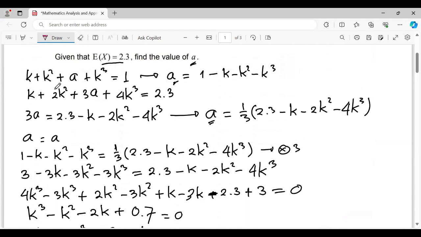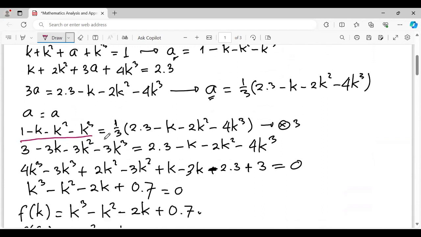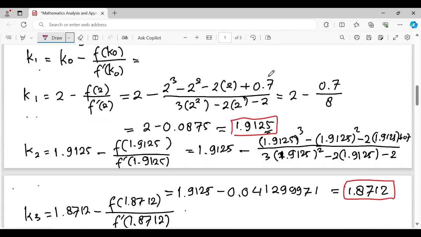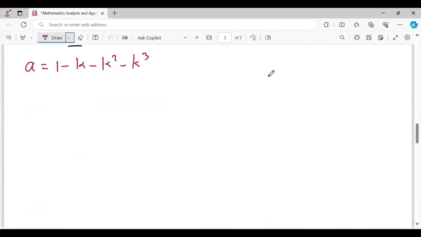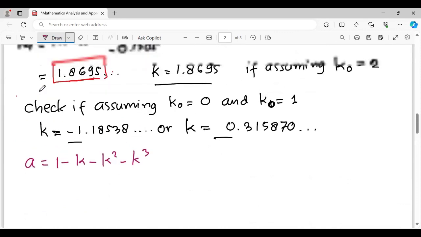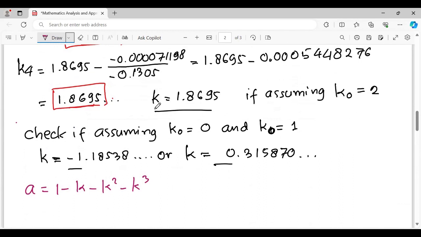From this one, A equals 1 minus K squared minus K cubed. Now substitute K equals this number.